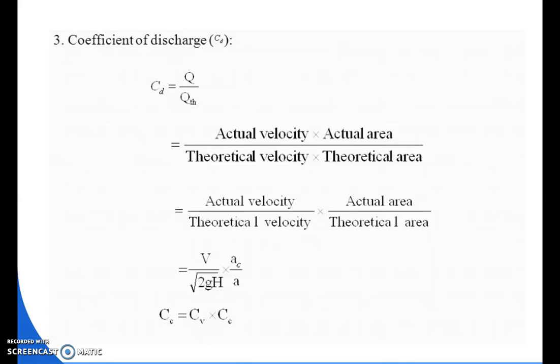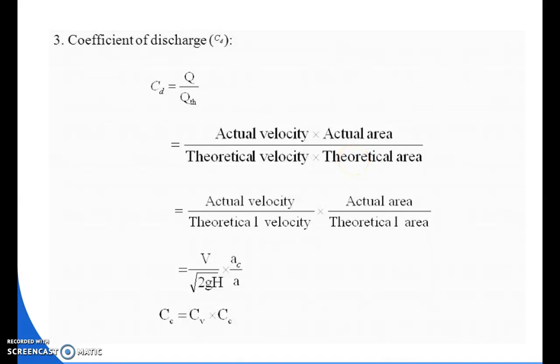Now we can find the relationship between Cc, Cv and Cd. According to the coefficient of discharge, Cd is equal to Q actual by Q theoretical. Q actual is the actual velocity into the actual area, divided by the theoretical discharge, which is the theoretical velocity into the theoretical area.